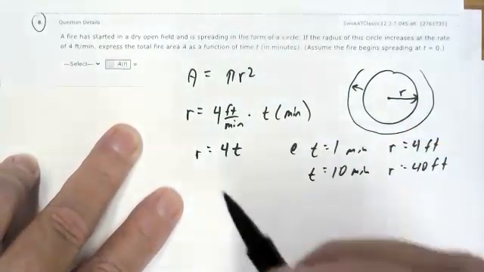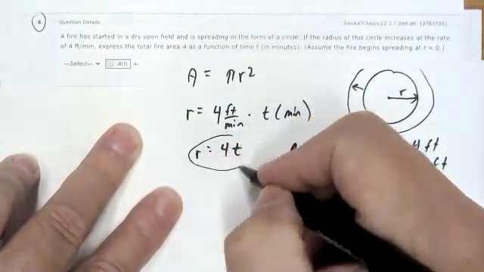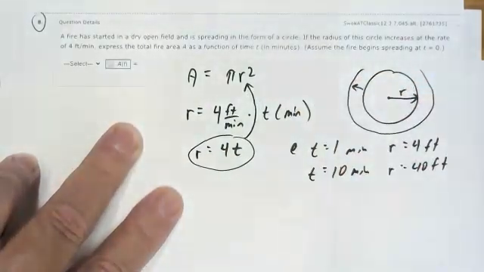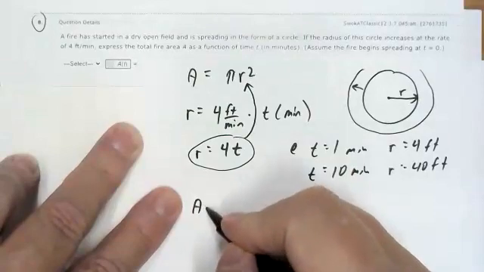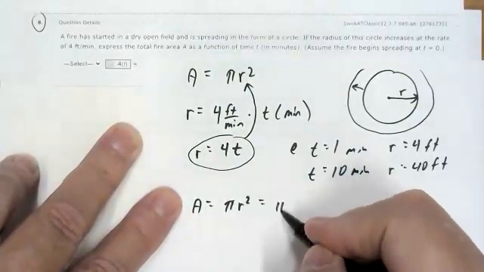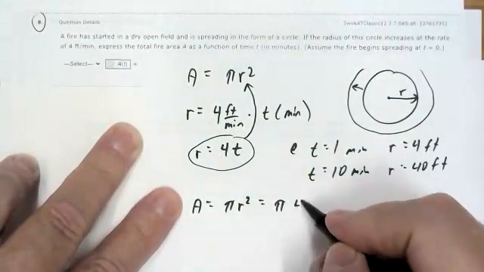So what I'm going to do now is take this little expression and plug that in for r up here. So A equals pi r squared. I'm going to plug in 4t for r.